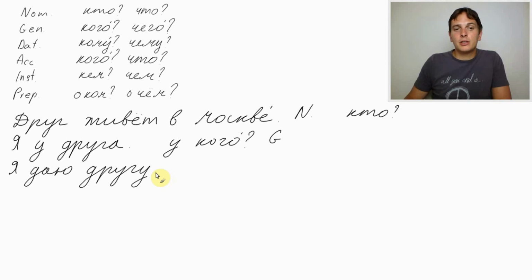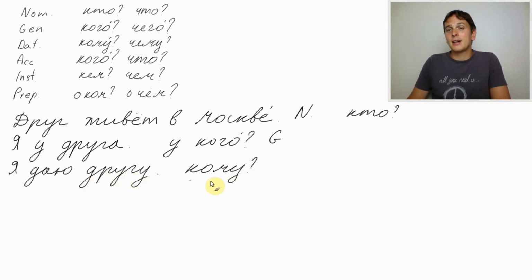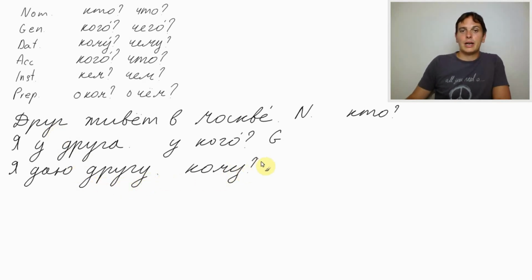How would you ask the question to this sentence? I'm giving to a friend. To whom am I giving? Well, and here we're asking кому я даю. So if we would ask the question to the word другу, we would ask кому. To whom? To a friend. Do you understand the function of dative here? We modify word друг to the word to a friend, другу. And we got dative.